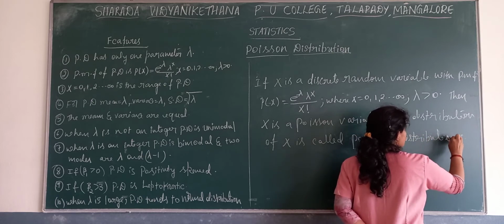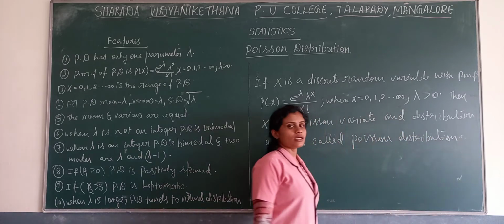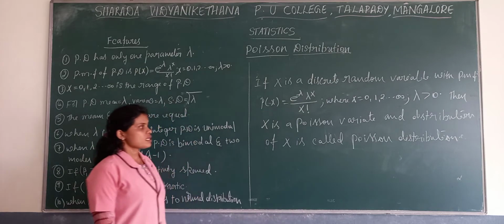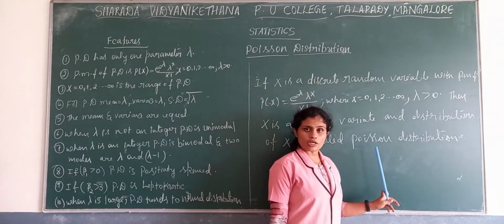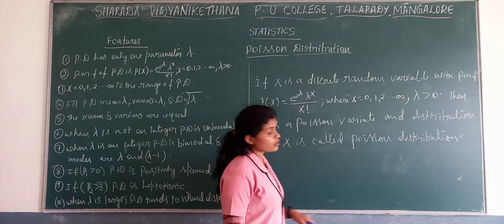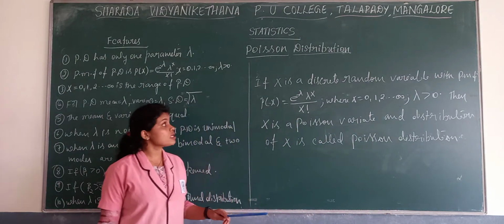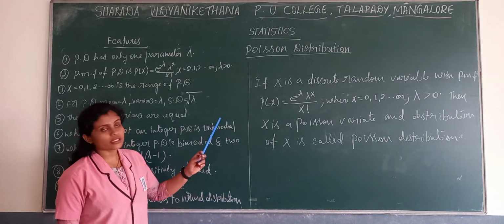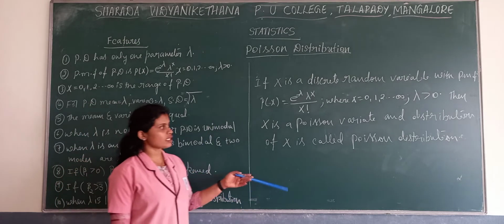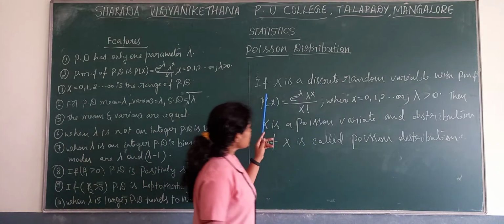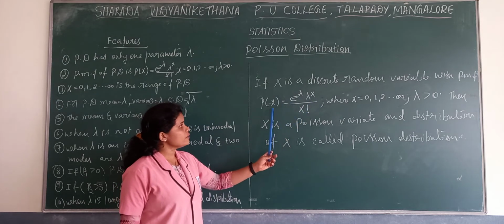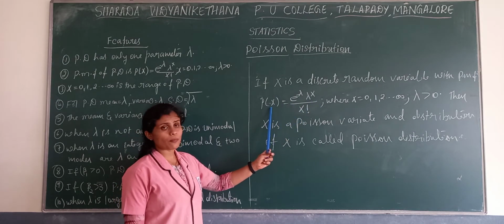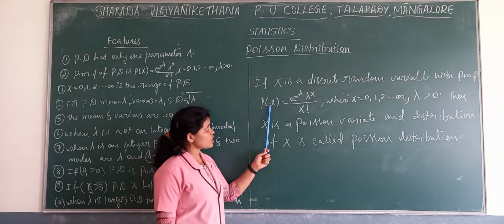You can pronounce it as Poisson, or some people pronounce it differently. According to the spelling, it is Poisson distribution. Anything is okay.